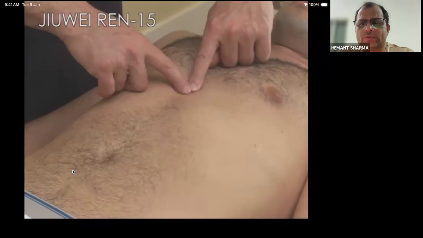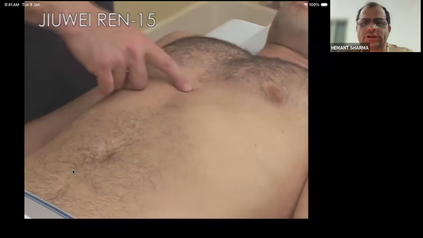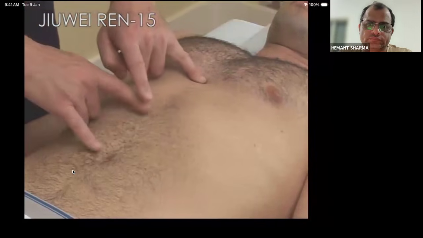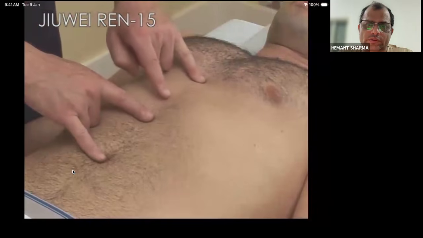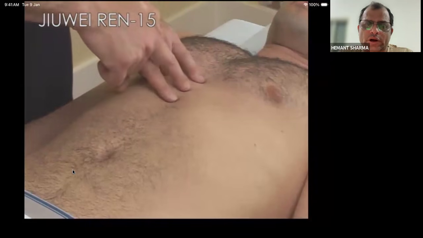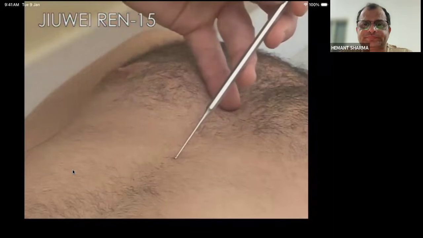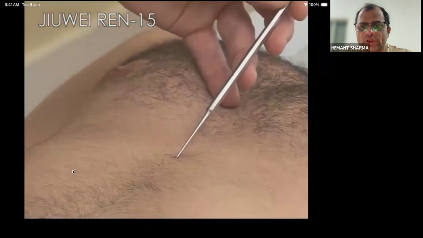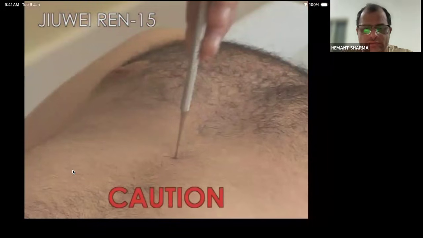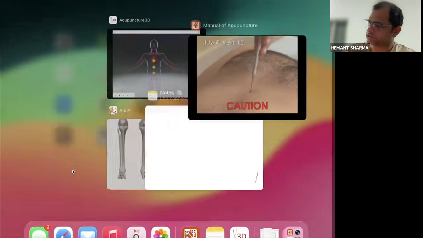It is located a little below the xiphoid process of our sternum bone. Or if we measure chun upward from the navel, then also we can reach it. Let's see the other image here.